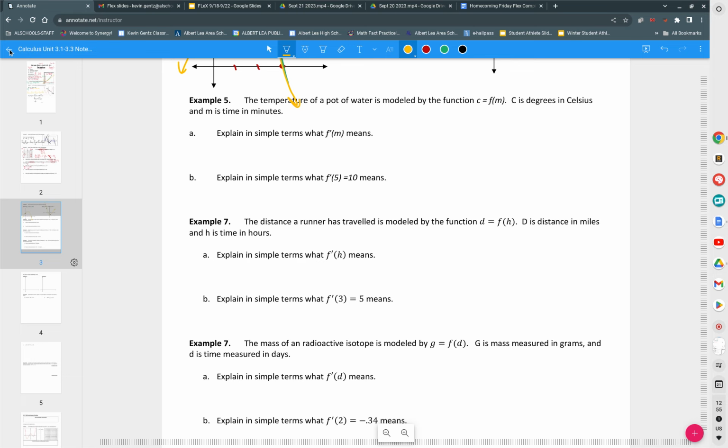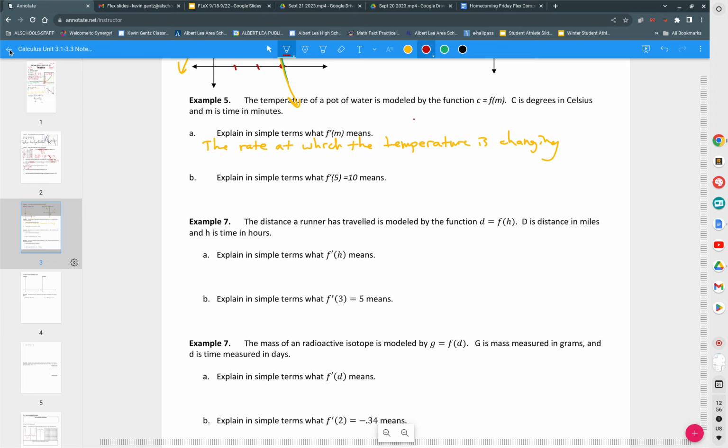It says, explain in simple terms what f prime of m means. So this is the derivative, or the rate of change. And what it means is the rate at which the temperature is changing.